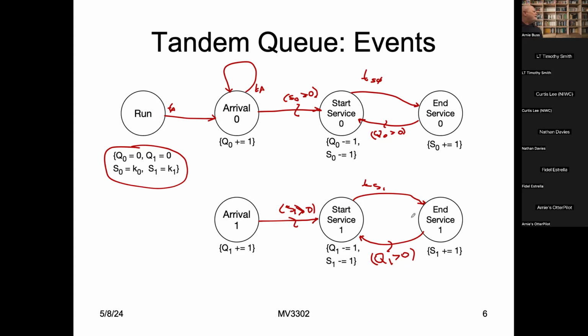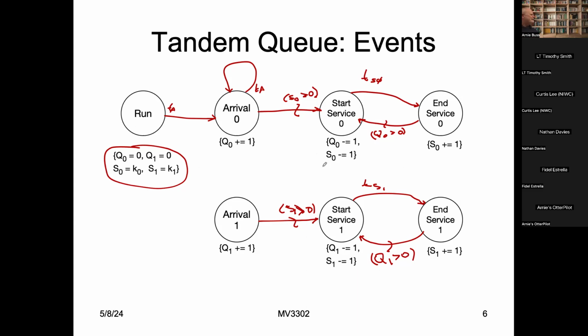For any event to have a possibility of occurring, there must be a directed path from a run event to that event. Here it's easy to see, but in a complicated model, it may not be so straightforward. Here we basically have two graphs. So what the heck is going on?